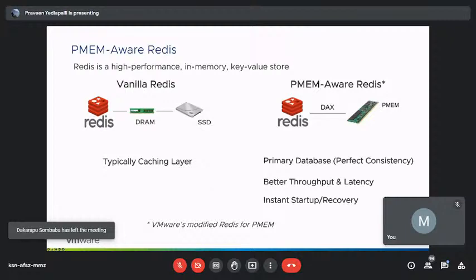And we also get instant startup and recovery. Like I said, when you start Redis, it reads the whole database from SSD to DRAM. That will take some time. But in the PMM aware Redis, you don't have to read it. There is no DRAM or SSD involved. It only reads and writes from the PMM. So there is nothing like loading from SSD to DRAM. There is instant recovery or instant startup. I'll show all those results in the next slides.